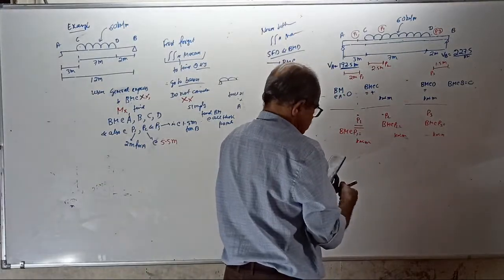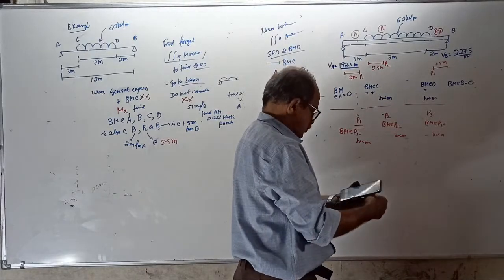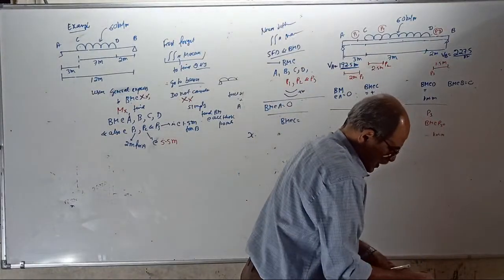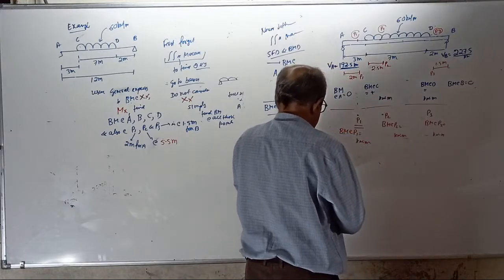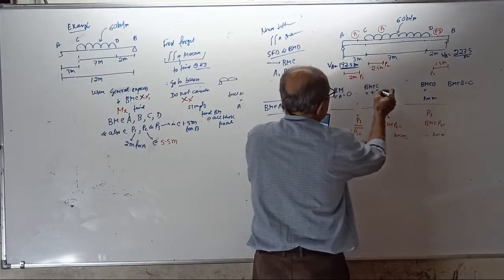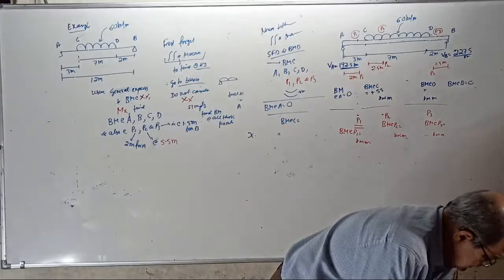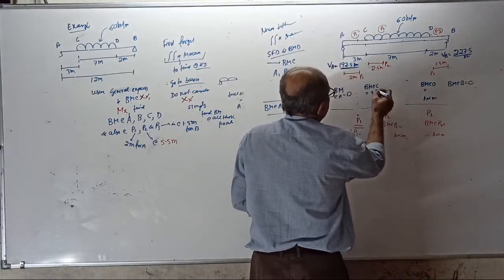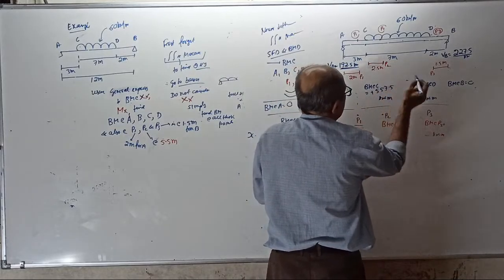BM X. I will use the same color. Black I will not use. Okay, use the blue color first. Okay, got it. BM at P1, BM at C. C is plus 550, oh, it's a black color. Plus 557.5 kilonewton meter.